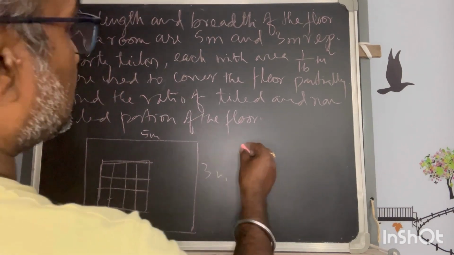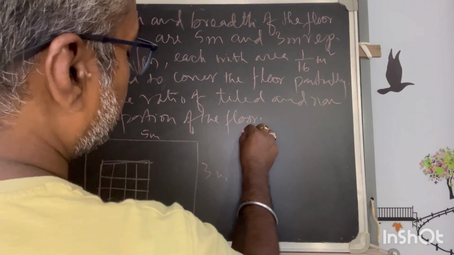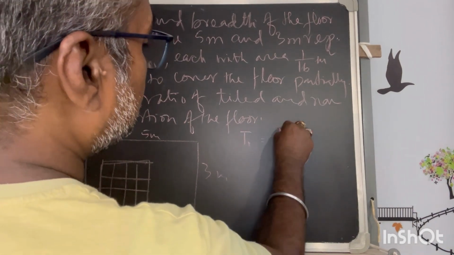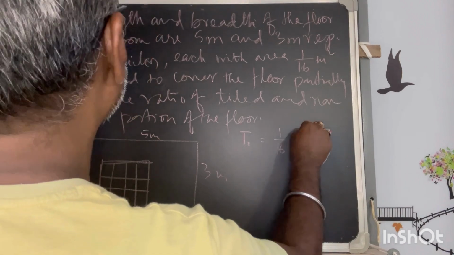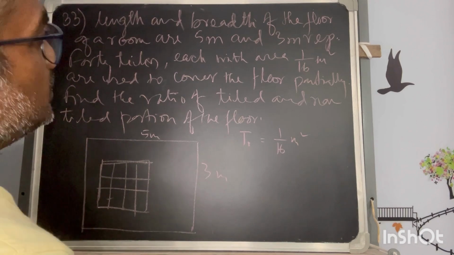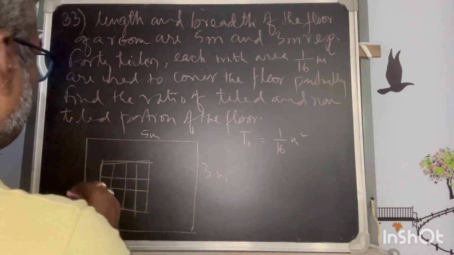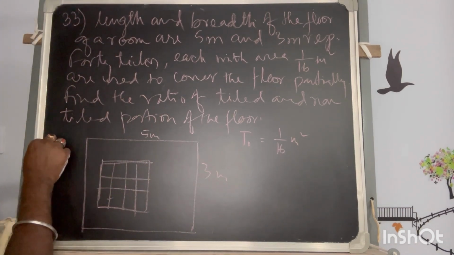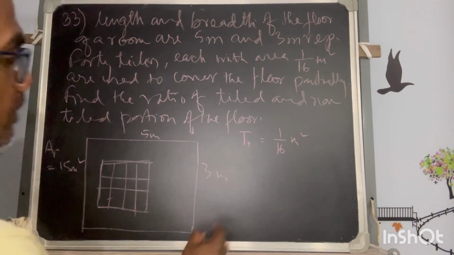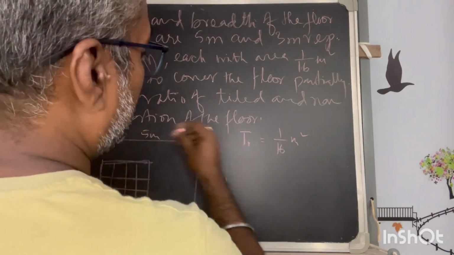So each tile's cross section, if we say, is 1/16 of a meter square. So the total area of the floor is 15 meters square, that you know. One tile is this much. How many tiles?